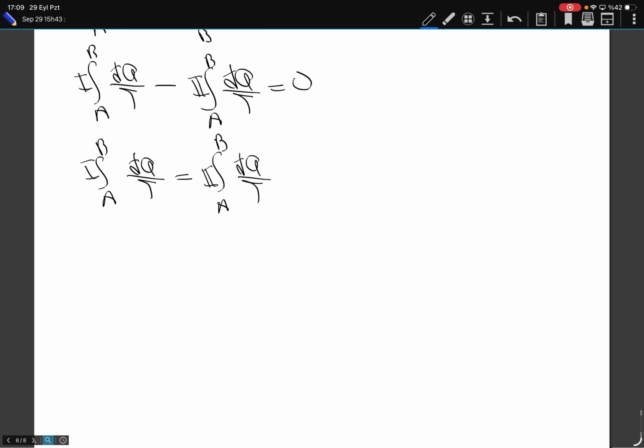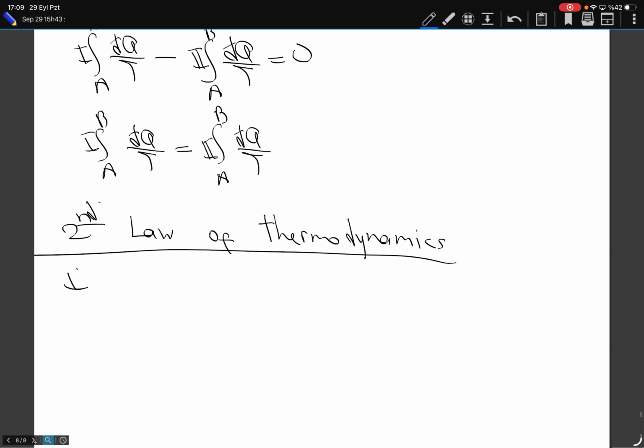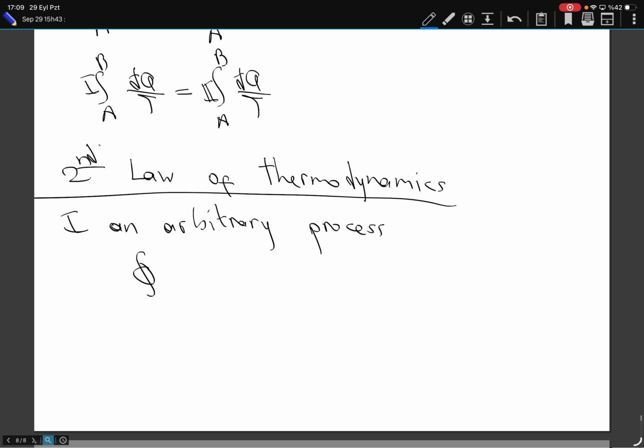That is the second law of thermodynamics. In an arbitrary process, that is no longer 0, but can be less than 0. This is the second law.